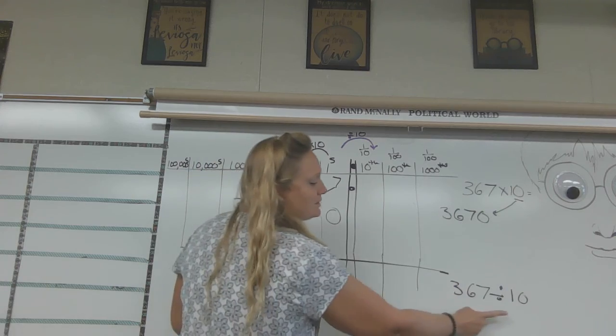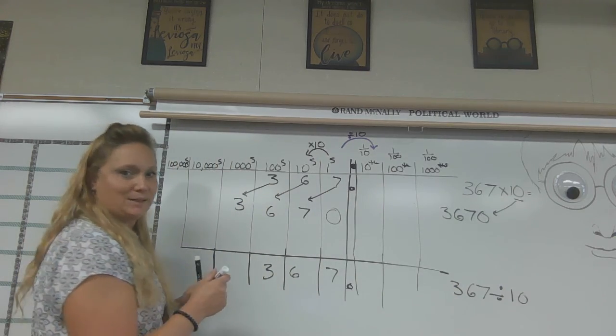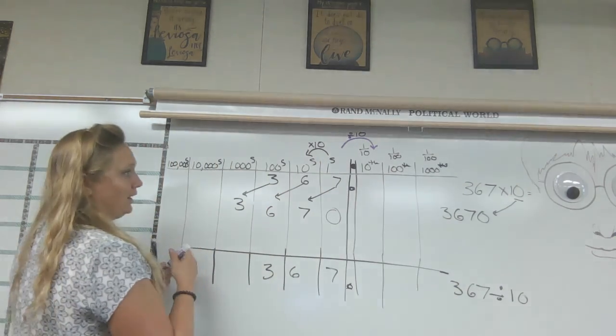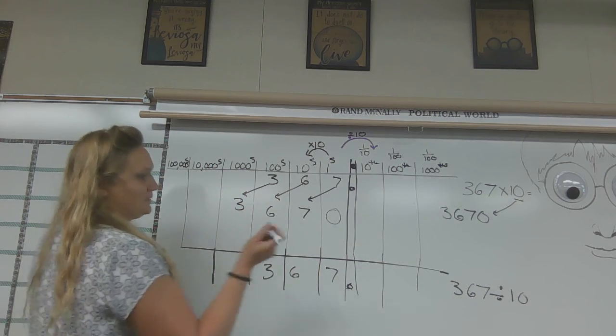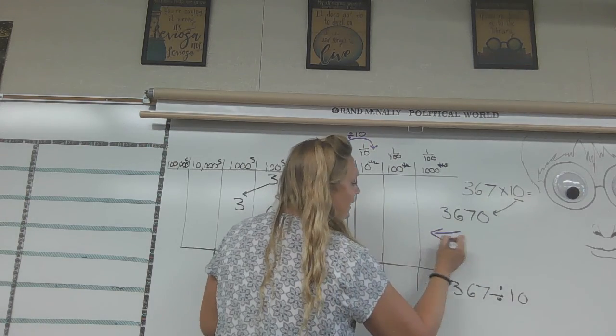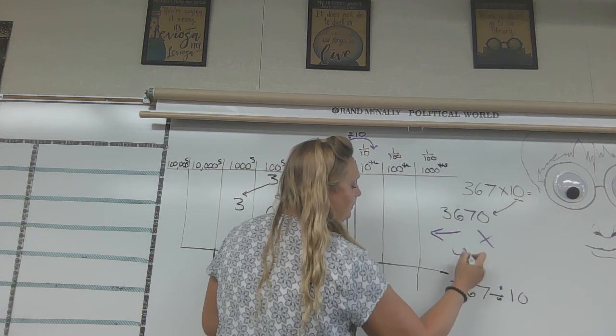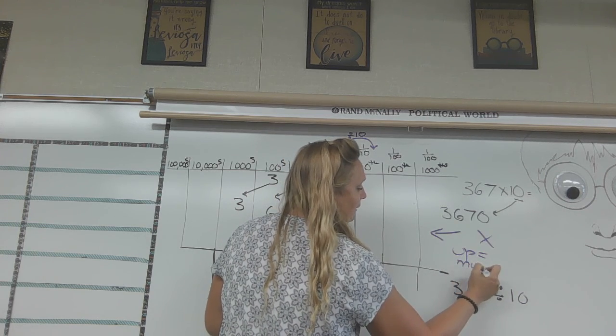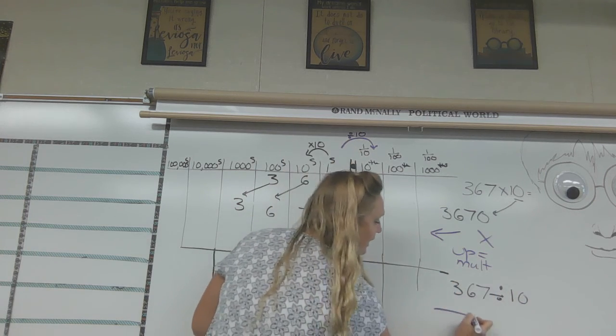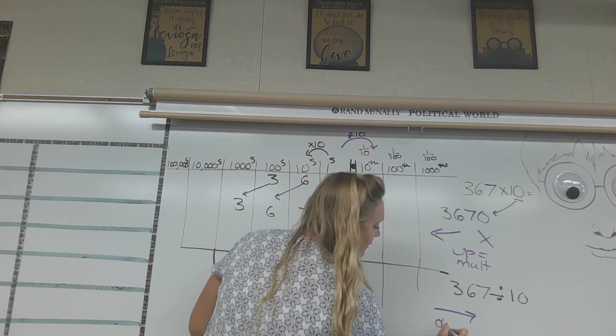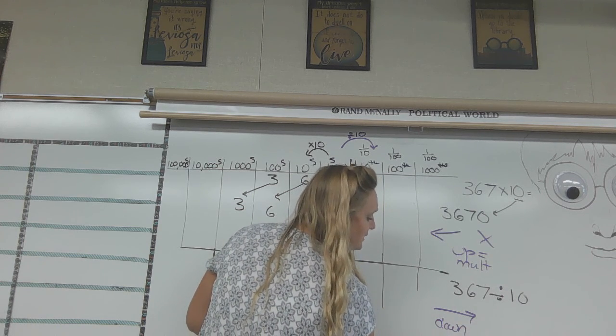So if we looked at 367 and we divided it by 10, instead of shifting up, because shifting up always means when we shift this way, that's multiplying. Up is multiplying, right? When we shift that way, this number's getting smaller, down means divide.